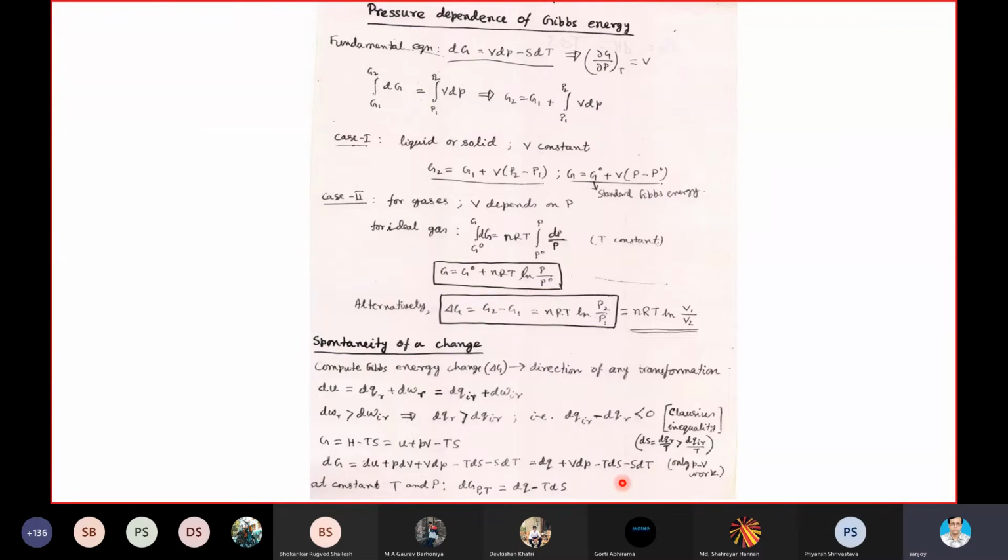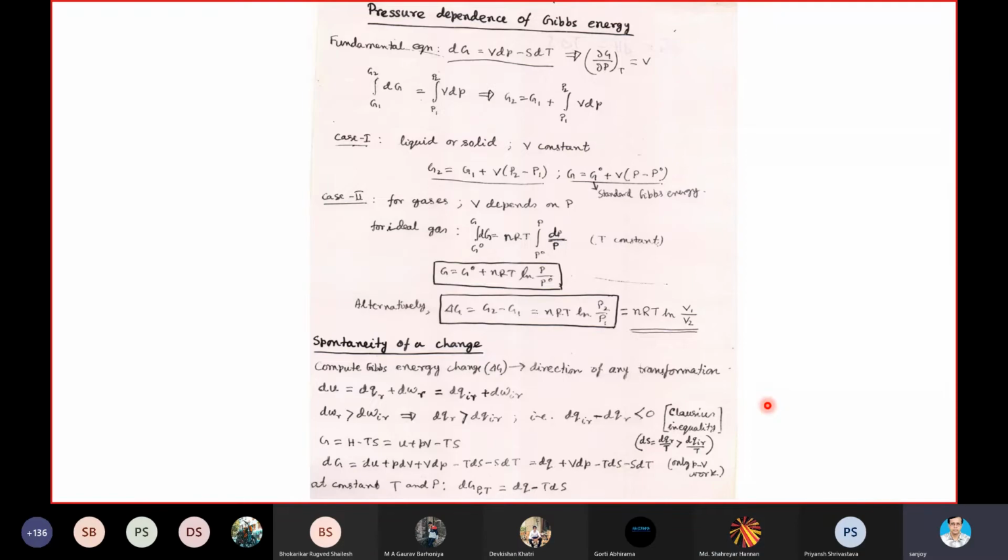If I take constant temperature and pressure, then the SdT term and the VdP term disappear. So dG becomes equal to dq minus TdS.